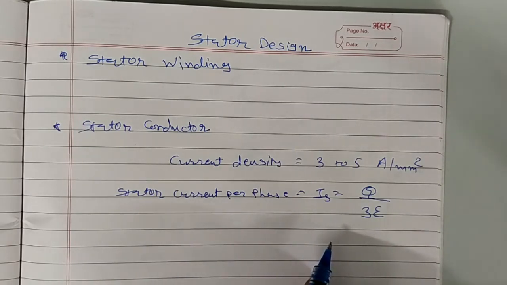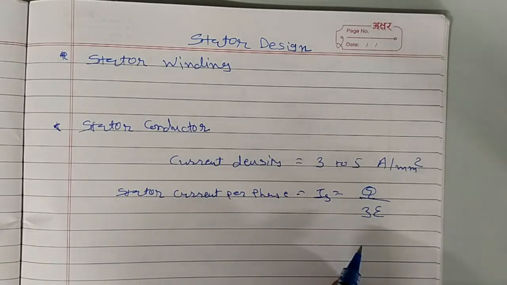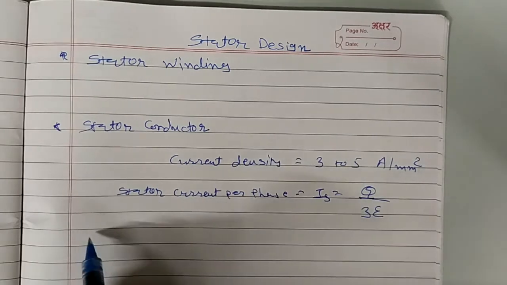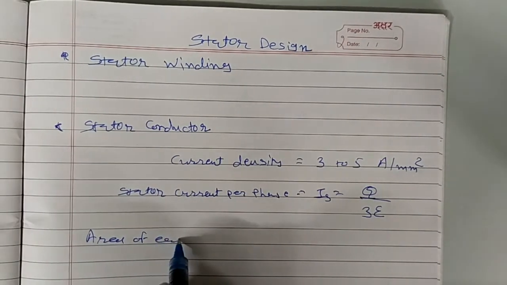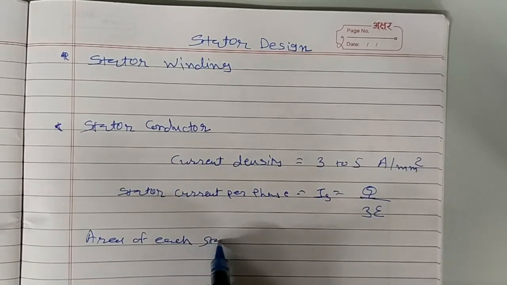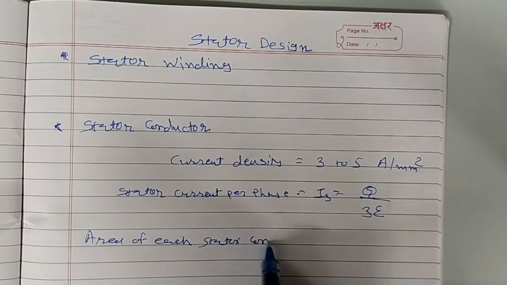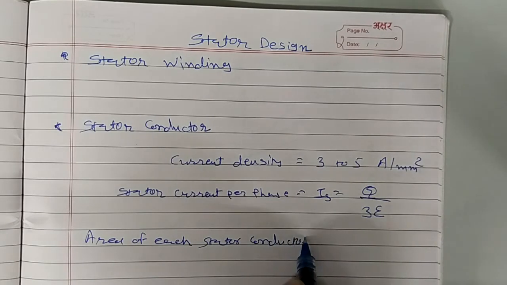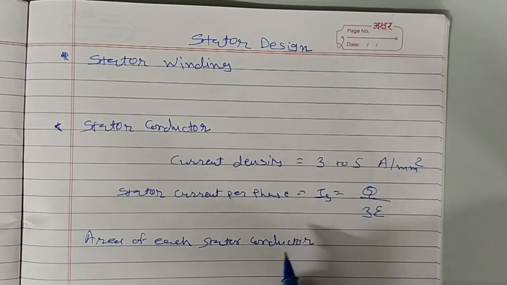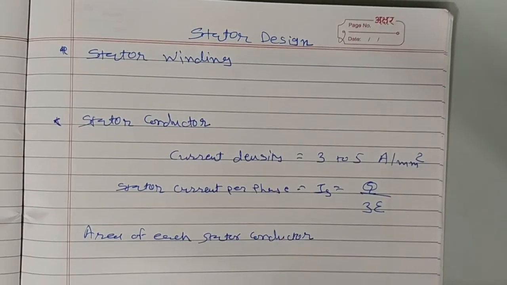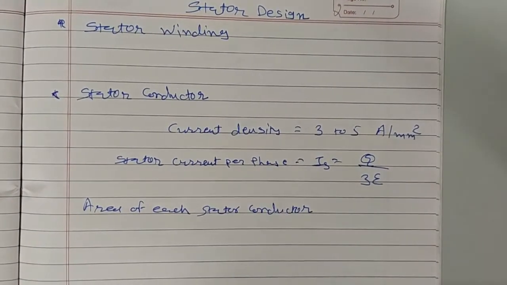Now the area of each stator conductor. Let us denote it as a small a, area of each stator conductor. So we have the value of the current, and we have the value of current density. You already know the relation between the current, the area and the current density.